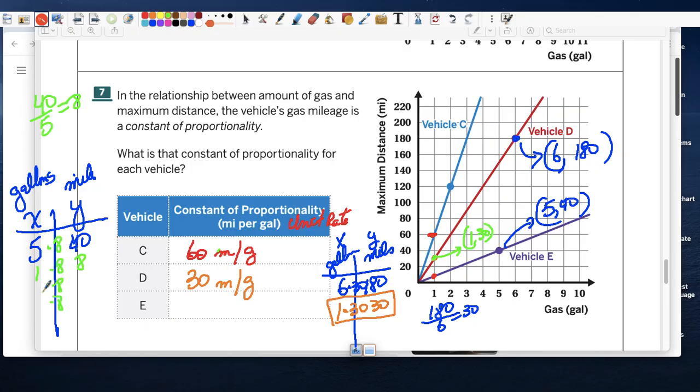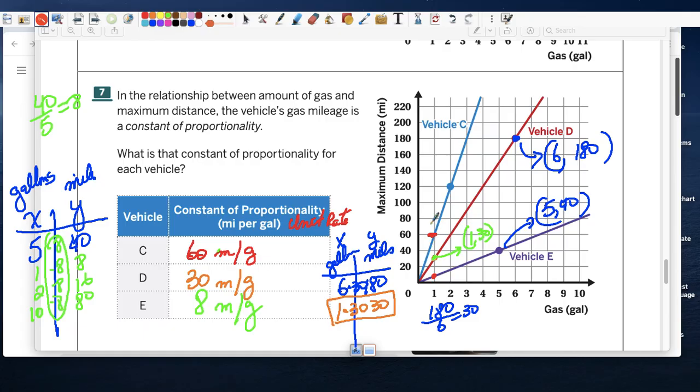You go 8 miles. What if you had 2 gallons? You go 16 miles. What if you had 10 gallons? You get 80 miles. So the constant of proportionality is 8. So the unit rate says that with 1 gallon, you go 8 miles.